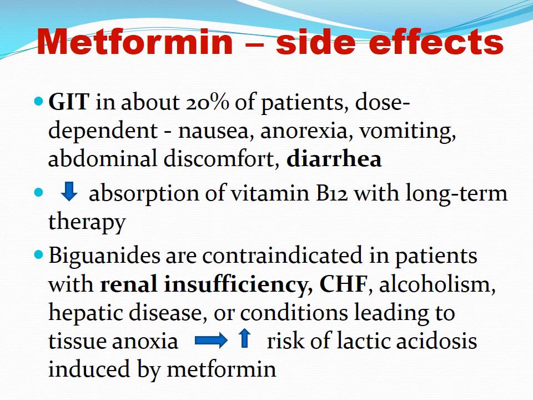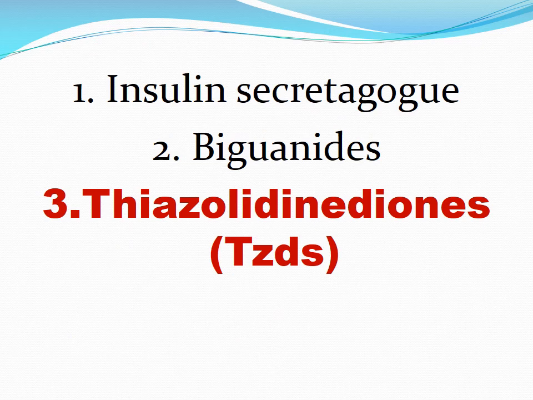Biguanides or metformin are contraindicated in patients with renal insufficiency, congestive heart failure, alcoholism, or hepatic disease, or any other conditions that lead to tissue anoxia, because it may increase the risk of lactic acidosis induced by metformin.